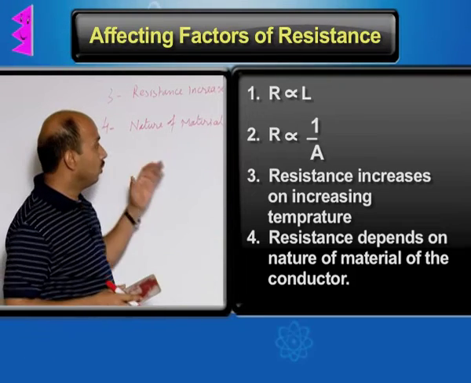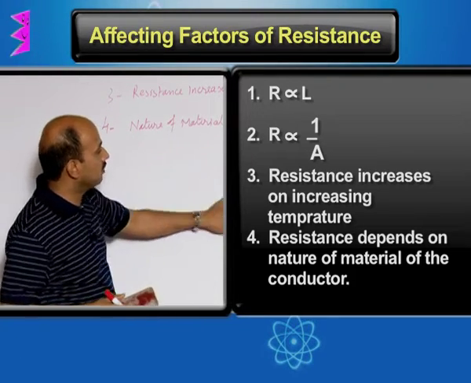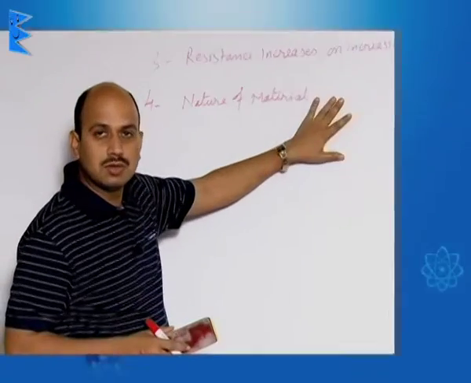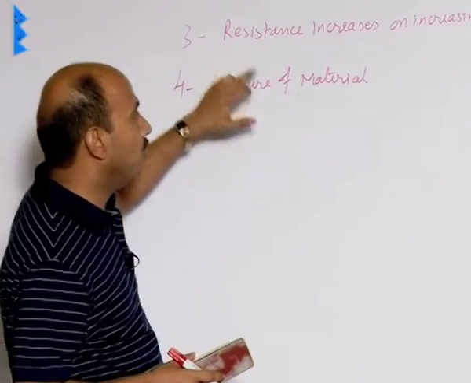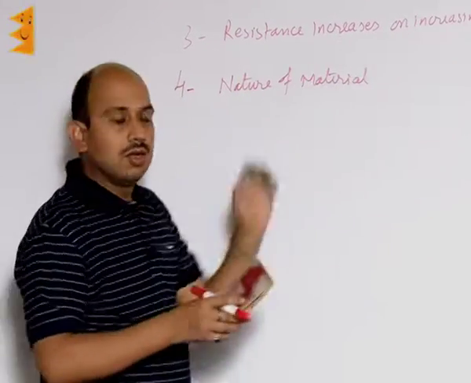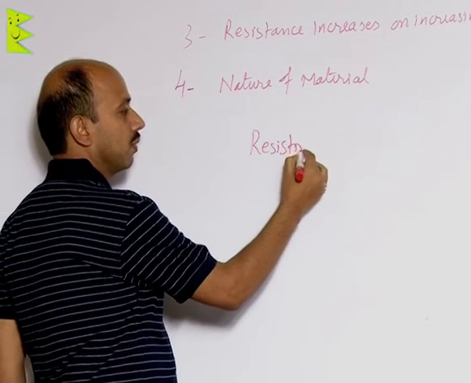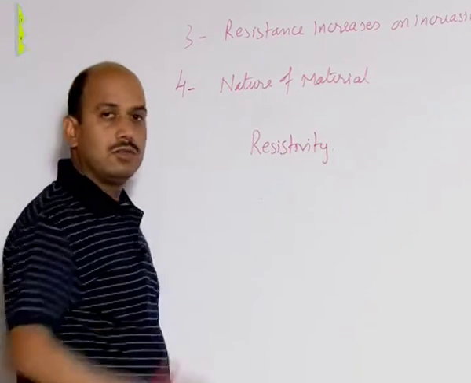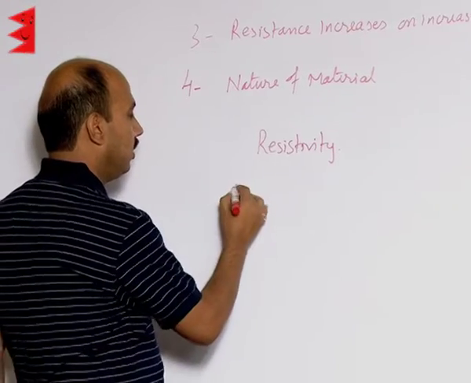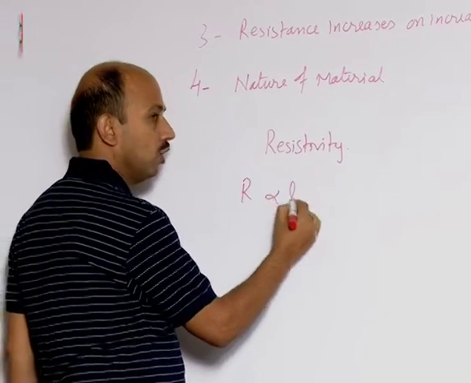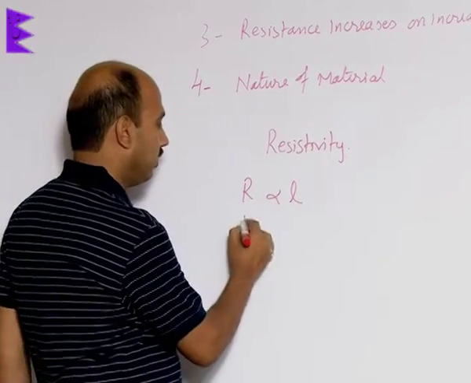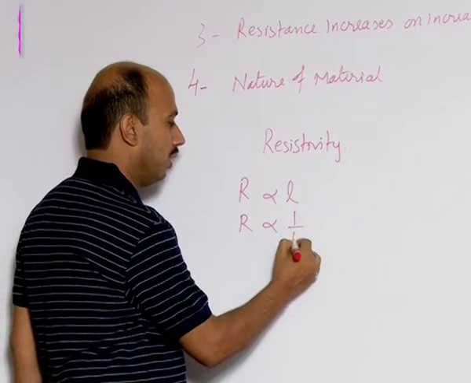So, we can do a lot of questions related to this concept, and now we can take one more concept related to this, that is called resistivity. See here, in resistivity, as we know, R is proportional to L, R is inversely proportional to area.